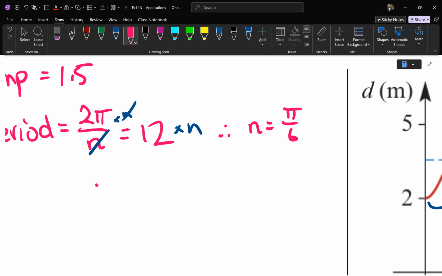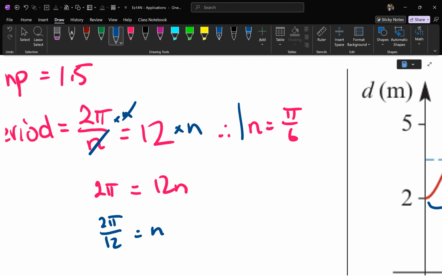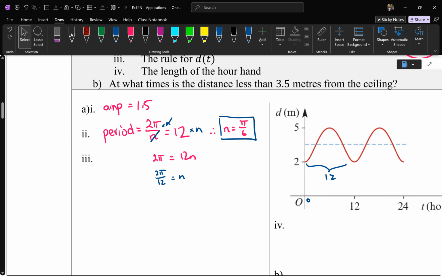N cancels out. You end up with 2 pi equals 12n. You want to find n, divide both sides by 12, and you end up with the same idea. Yeah, that's the algebraic approach. Why do students struggle with that? Because generally fractions is what scares them. So you should have got pi on 6 as your n. Can I get a show of hands who got pi on 6?